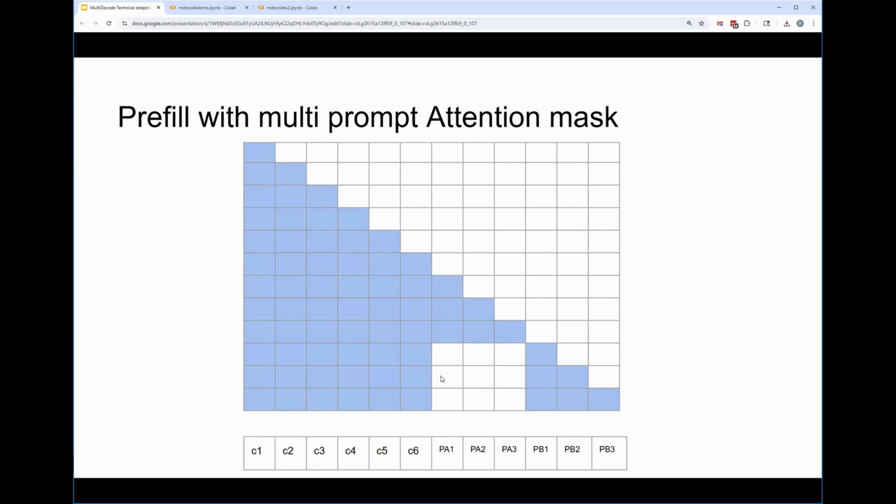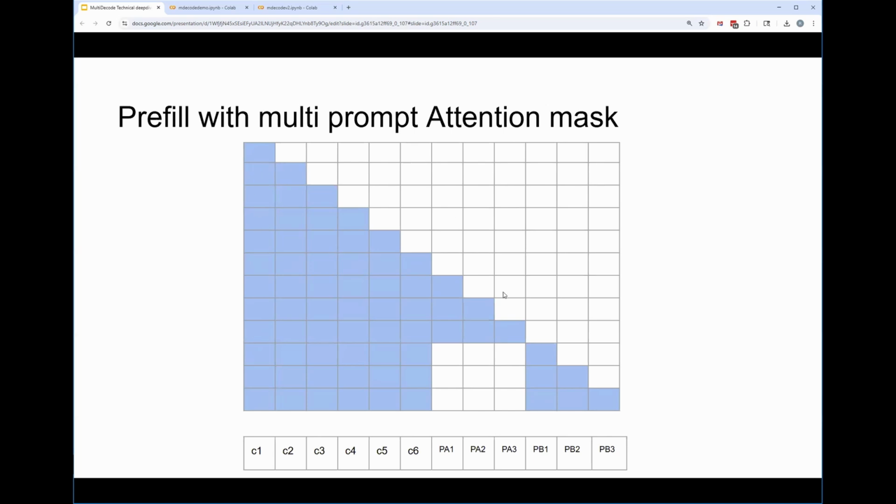Okay, and so the attention mask gets this hole in it because the prompt A is going to follow right after the context. So this little lower triangle here is attending to all of, like PA3 attends to all of the tokens before it. That's kind of standard, right?